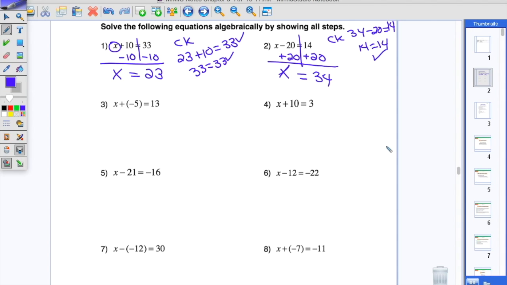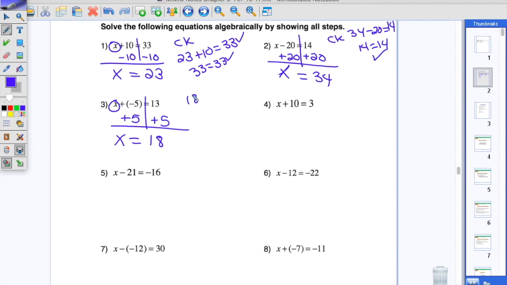Number 3 says x plus a negative 5 is equal to 13. Our goal is we want to get the x by itself. Since we have a negative 5, we're going to add 5, because negative 5 plus a positive 5 gives you 0. We're going to add 5 to both sides. So now we're left with x is equal to 18.